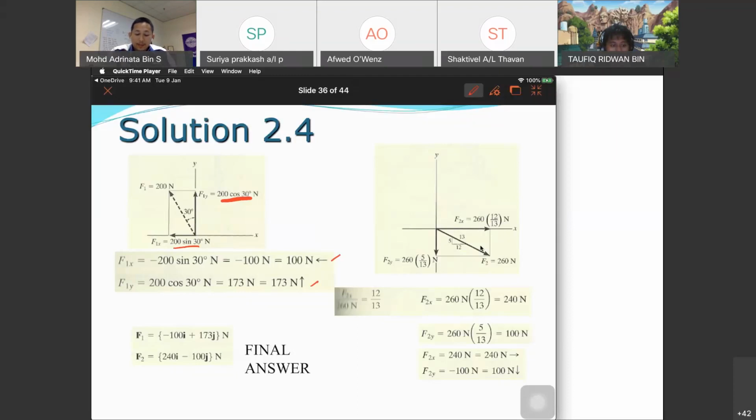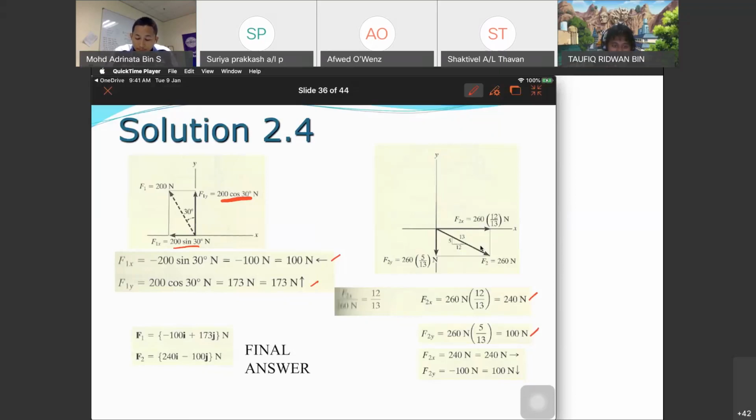And then we separate our F2 in x and y direction. So we have F2x 240 and F2y 100 Newton. So this is how we separate, and this is the answer for Cartesian.